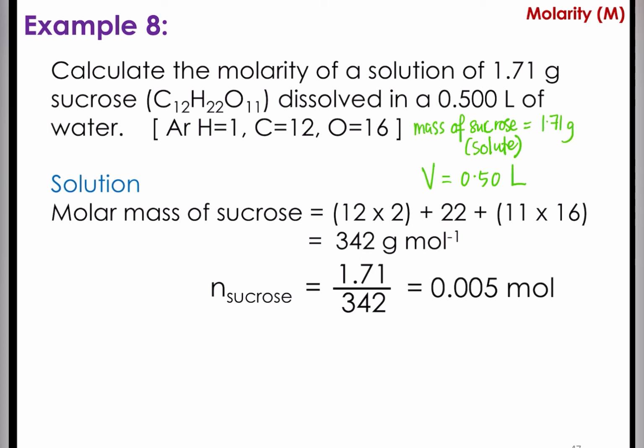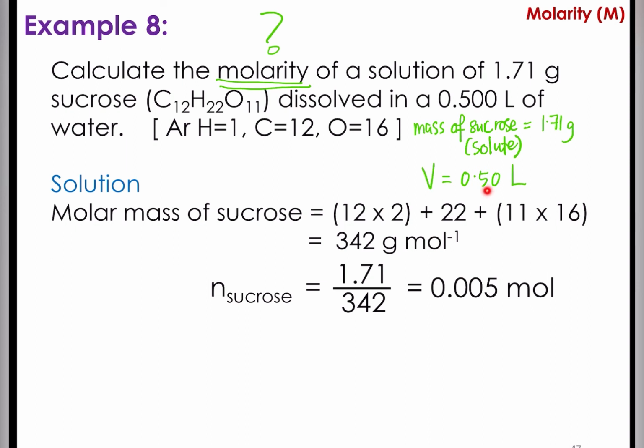In my question, I asked for molarity, so this is what I want. Molarity means the formula moles of solute, in this case sucrose, over volume of solution. I have my number of moles for sucrose and I have my volume of solution, 0.50 liter.